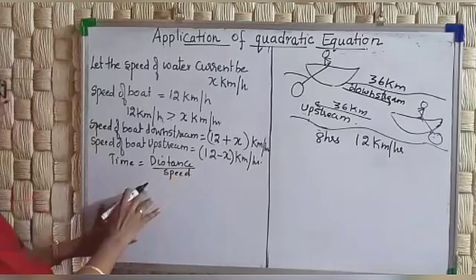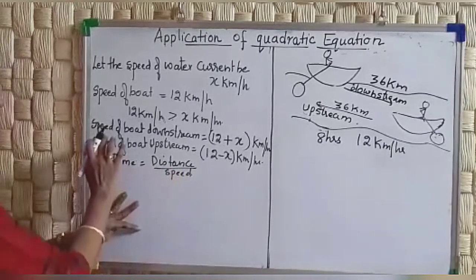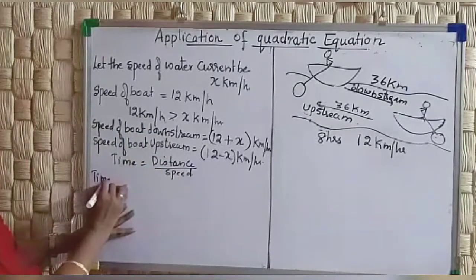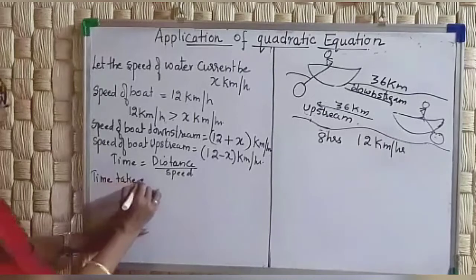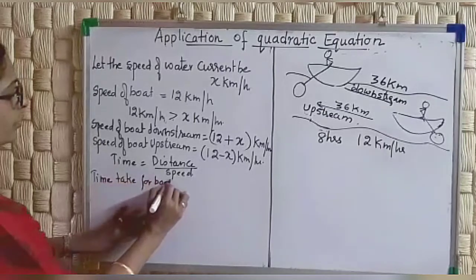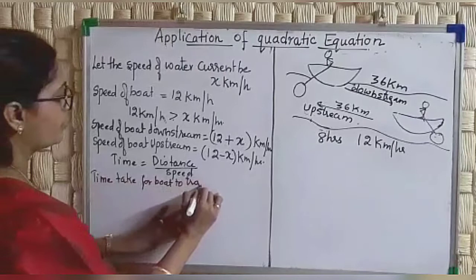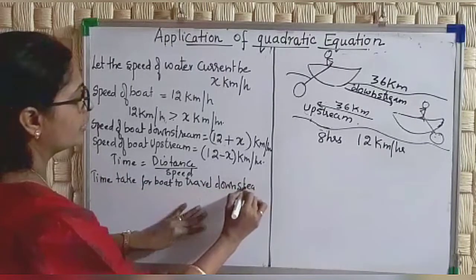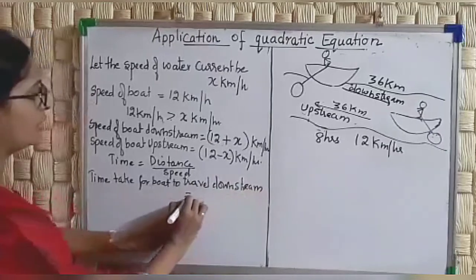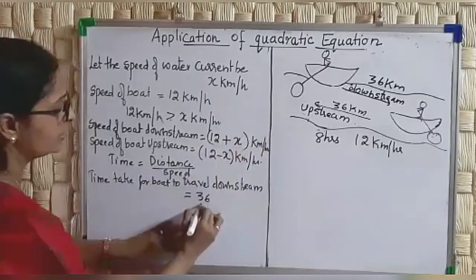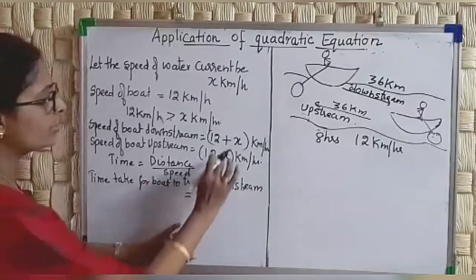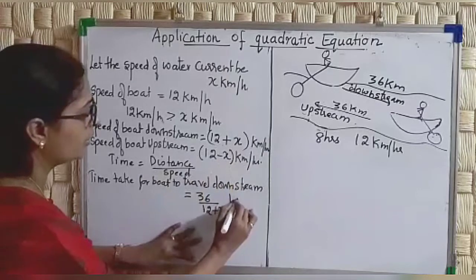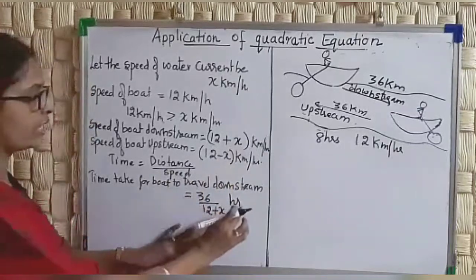Time taken for boat to travel downstream will be, distance is 36 kilometer upon the speed of the boat downstream, 12 plus x. So it will be 36 upon 12 plus x hours.